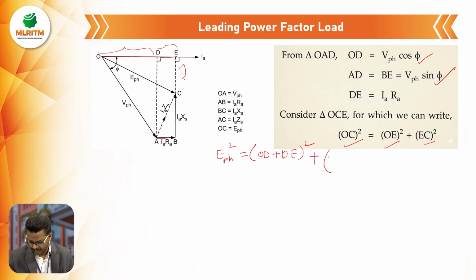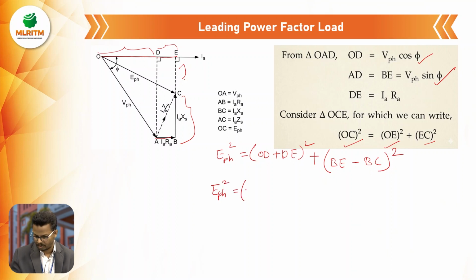So EC can be written as the total line BE minus BC.